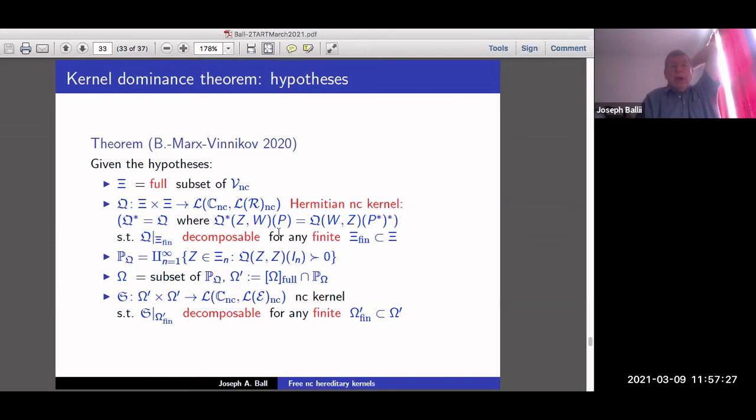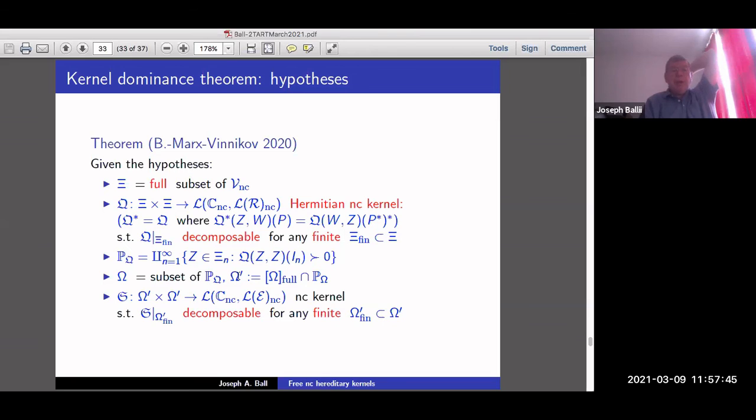We have to assume that it's decomposable for any finite subset of C. And we have the positivity set of Q, the set of points Z where you have this strict positivity condition holding.